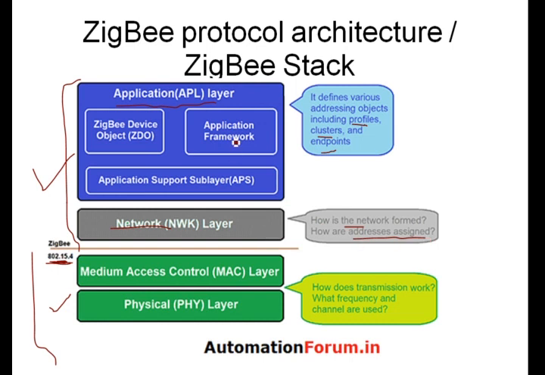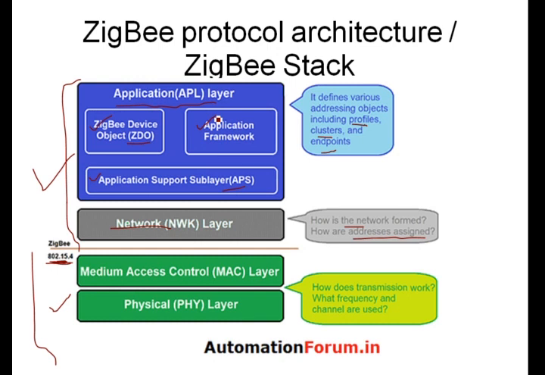Again, the application layer has been divided into 3 sub layers. One is the application support sub layer, that is APS. The second one is the Zigbee device object, that is ZDO, and the third part of the application layer is the application framework. So this is the complete Zigbee protocol architecture.